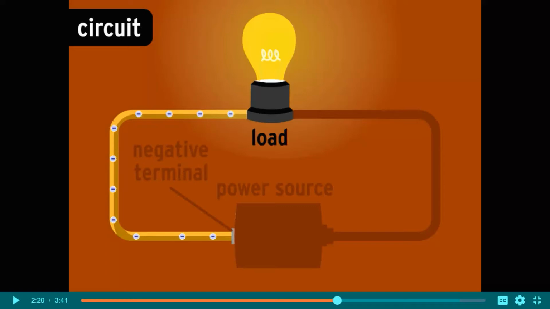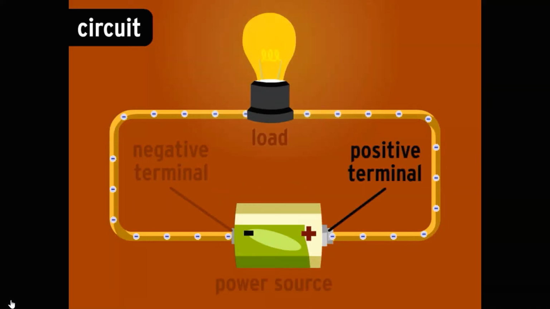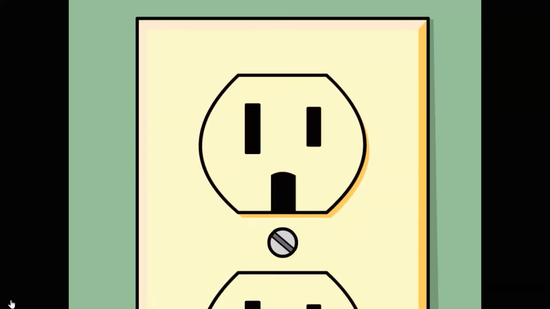That is the only way that you will have a complete closed circuit, if that electrical current is able to flow out of the negative terminal back into the positive terminal. When electrons flow out of the device, they head towards the opposite side of the power source. In a battery, that's the positive terminal. In a wall outlet, that's the taller of the two slots, the neutral slot.